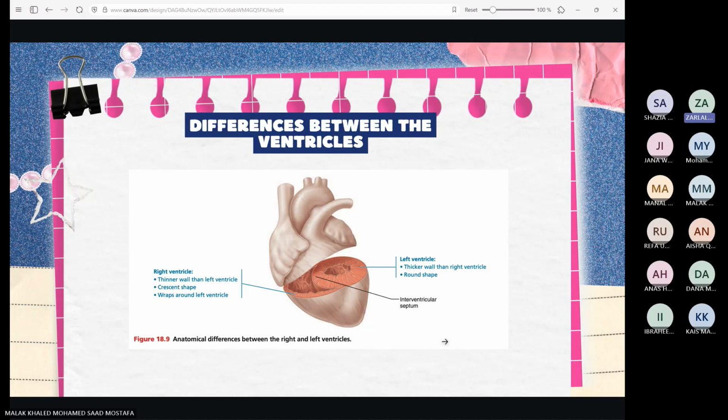To overcome this pressure difference, the left ventricle has a very thick myocardium. It has a thick wall, which gives it a round shape, and it pushes into the right ventricle, so it wraps around it. The right ventricle forms a crescentic shape, while the left ventricle forms a round, fist-like shape.